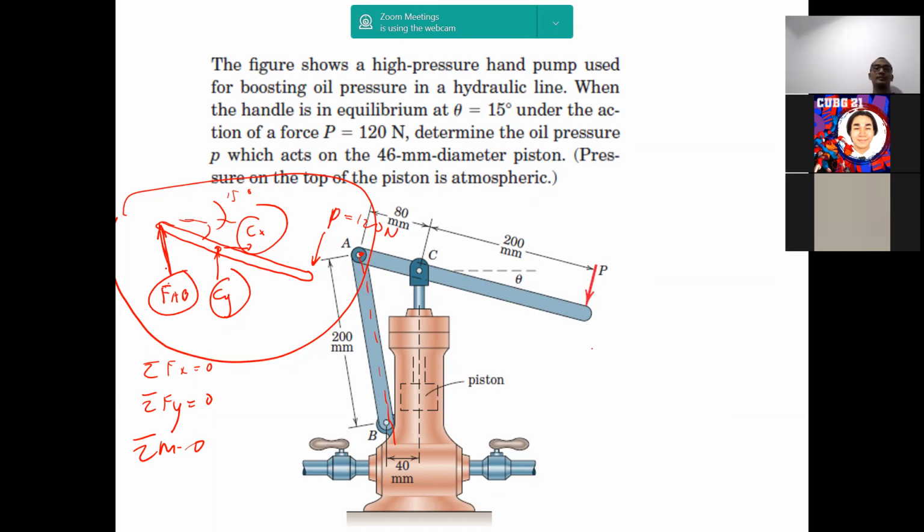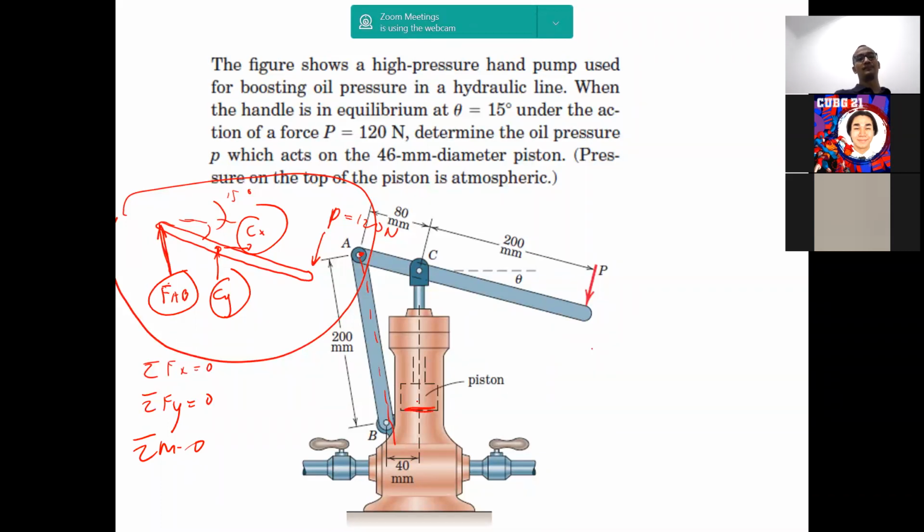In order to find the oil pressure P, which one of those three do we have to use later, which one do we have to divide by the cross-sectional area of the piston here?